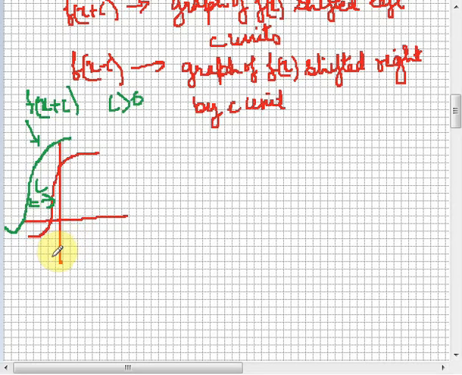And what is the graph of f(x minus c)? The whole graph will be shifted right side c units. So this distance will be c. Likewise, we can plot the graph of functions in which x is replaced by x plus c or x minus c.